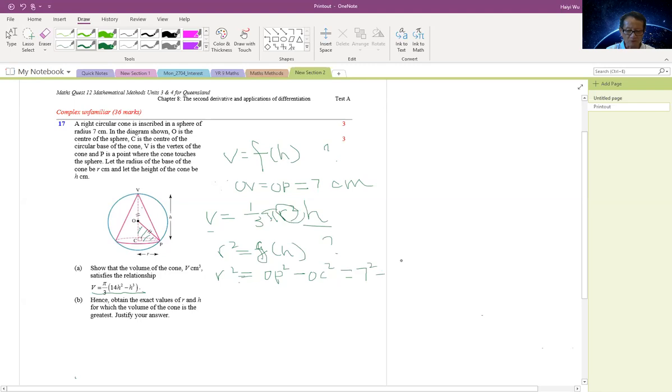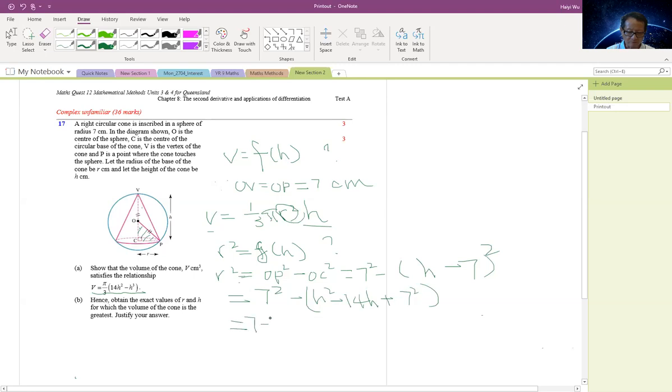Now OC is CV minus OV, where VC is the height h, and OV is 7. So we get 7 squared minus (h minus 7) squared, and then we simplify: 7 squared minus (h squared minus 14h plus 7 squared).